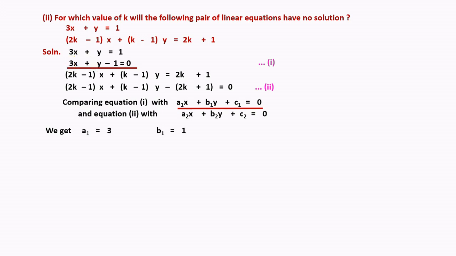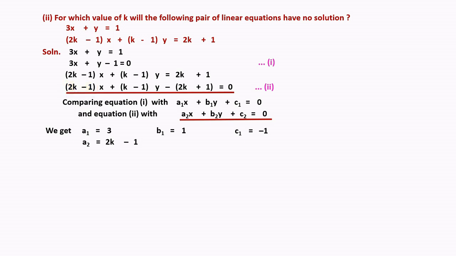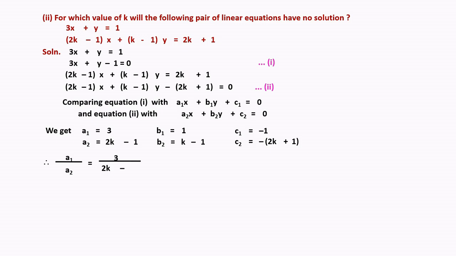Now compare with the standard form ax plus by plus c equals 0. From equation 1, a1 equals 3, b1 equals 1, c1 equals minus 1. From equation 2, a2 equals 2k minus 1, b2 equals k minus 1, c2 equals minus (2k plus 1). For no solution, the condition is a1 by a2 equals b1 by b2 but not equal to c1 by c2.